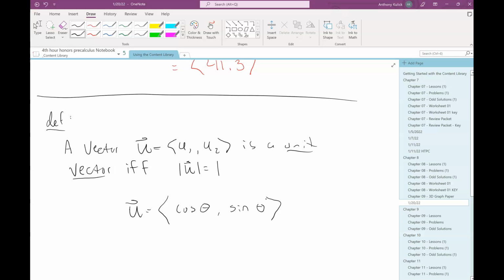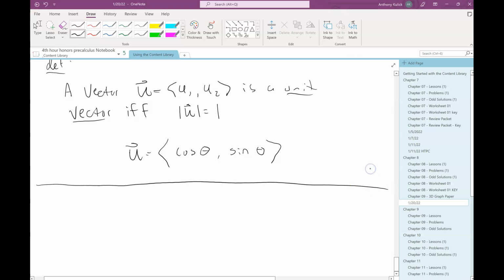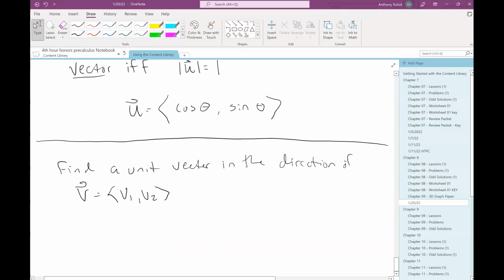So here's a question. Can I take any vector and find the unit vector in the same direction? Probably can't. So here's what we're going to do.